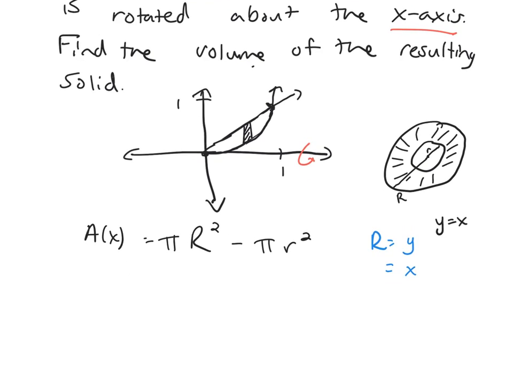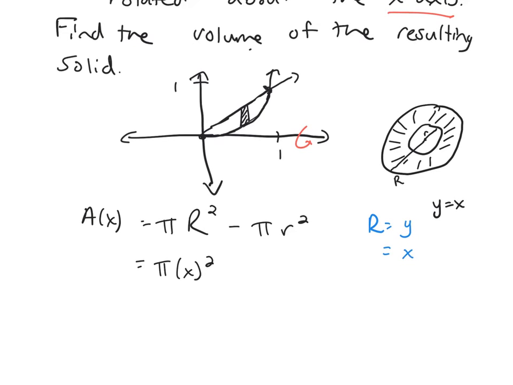So I can now plug in pi x squared. And then what's my little r? It comes from the one that was closer to my rotation line. So little r is still y, but now I'm using the other function, y equals x squared.